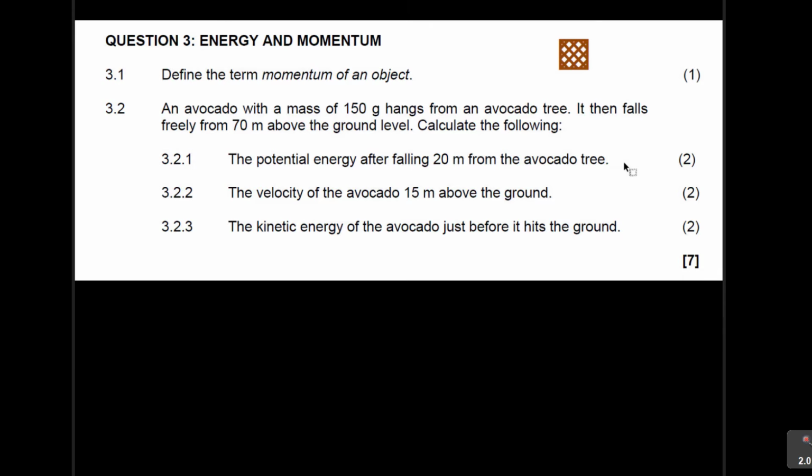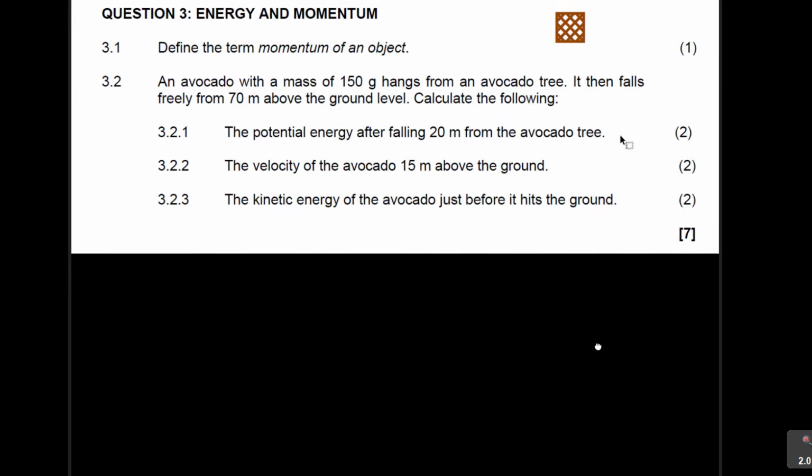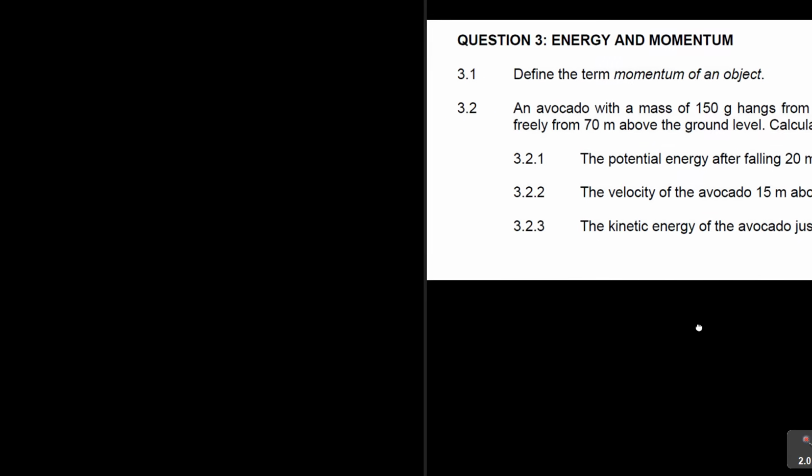3.2. It says an avocado with a mass of 150 grams hangs from the avocado tree. It then falls freely from 70 meters above the ground level. Calculate the following. So let's come up with a sketch here. There is a tree here.